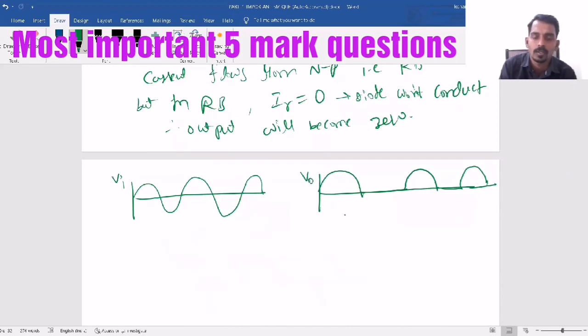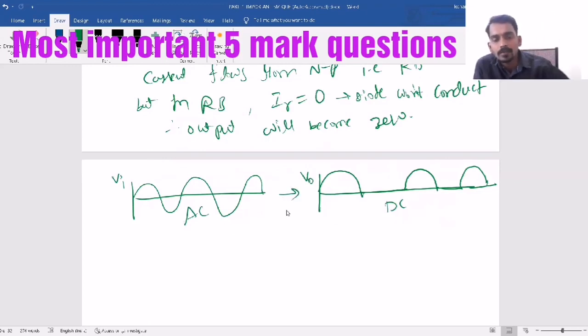Now this is DC, unidirectional. This is AC. So now AC is converted into DC, as the negative half cycle got restricted. During the negative half cycle, the diode is having the current from N to P, that is reverse bias, so the current is approximately zero. So this way, by vanishing the negative half cycle, we can convert AC into DC.